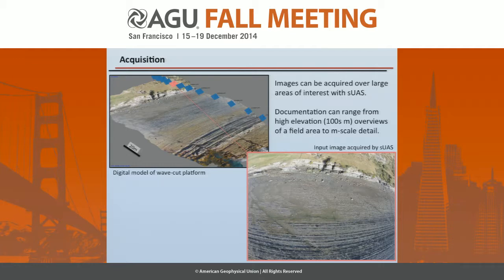We can have models that show a really good overview of an outcrop that's great for mapping, or we can really get down to the nitty-gritty details and show details that are comparable to those that can actually be observed on the ground when working in the field.